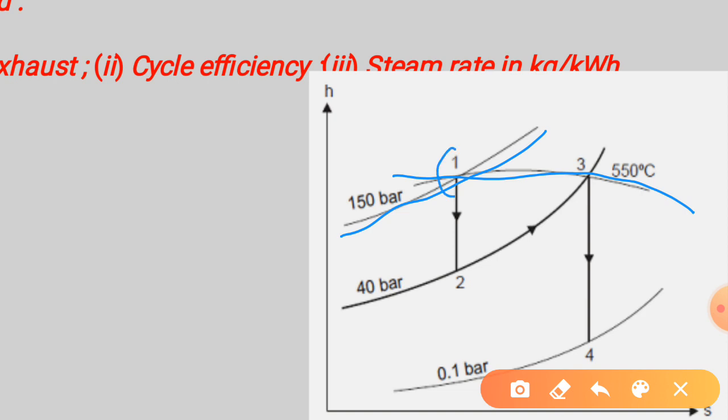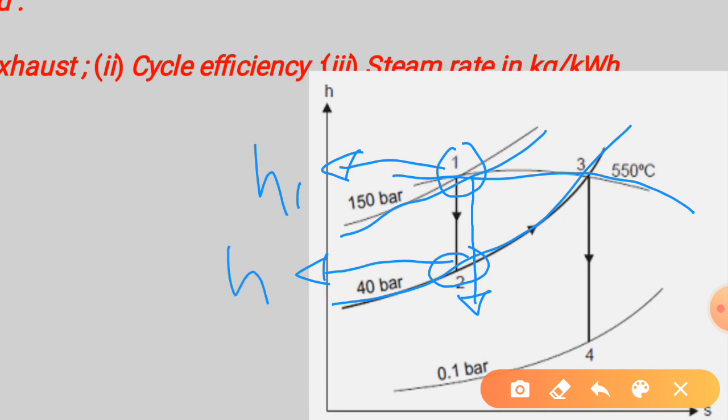Wherever both intersect, mark this as point 1. Then you come downward on the Mollier chart till the 40 bar pressure line, wherever both intersect, you mark this as point 2. If you come left, I will get the H1 value. If I come to the left side here, I will get the H2 value.